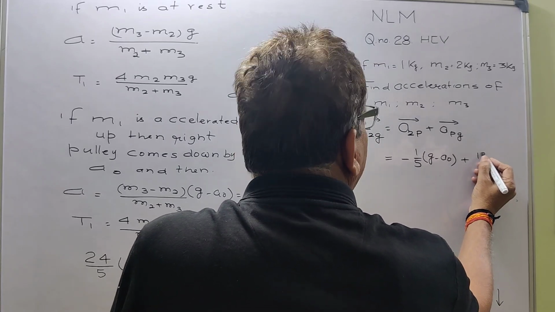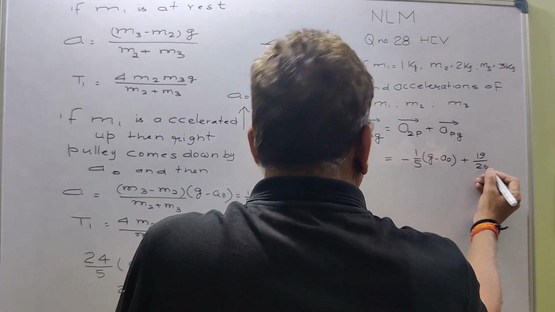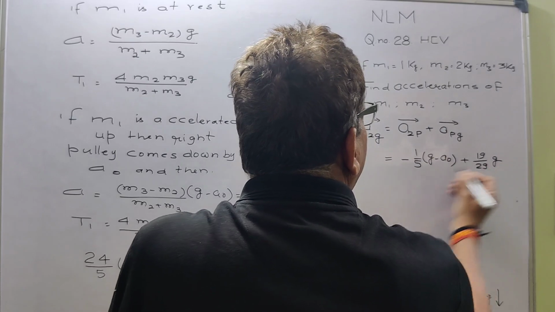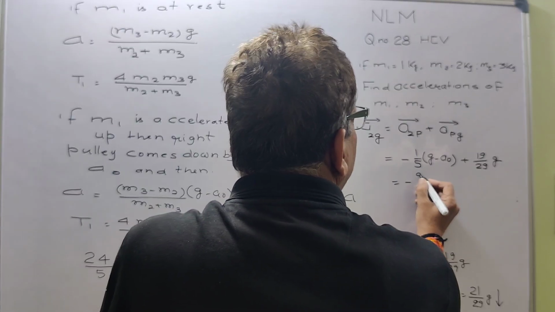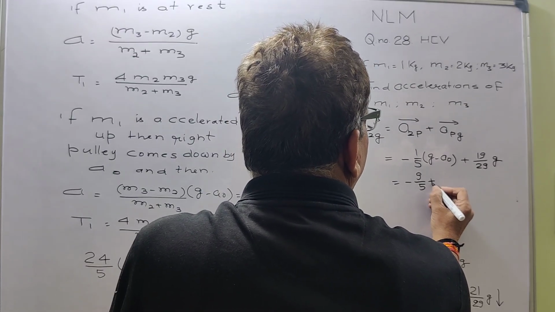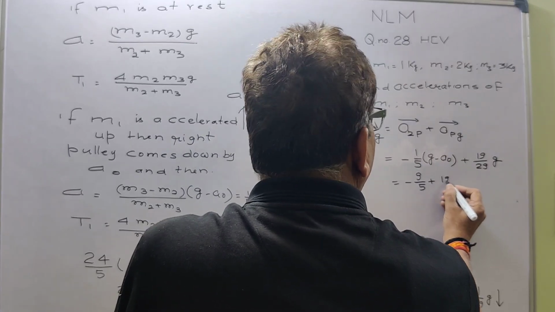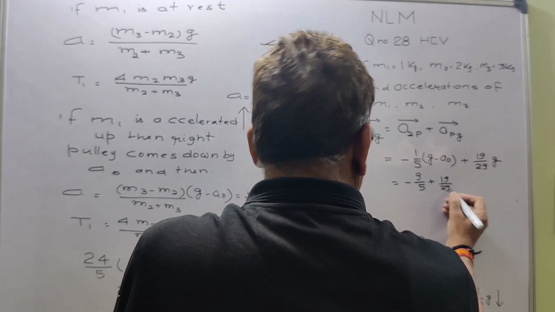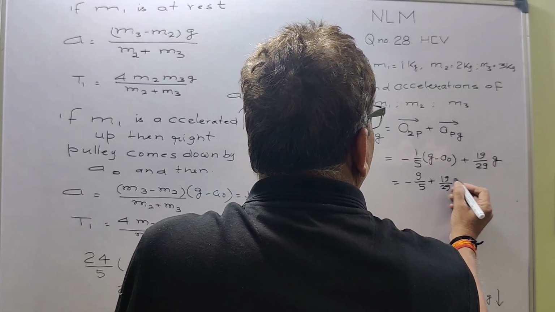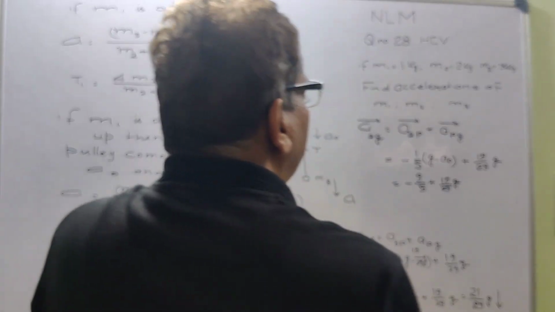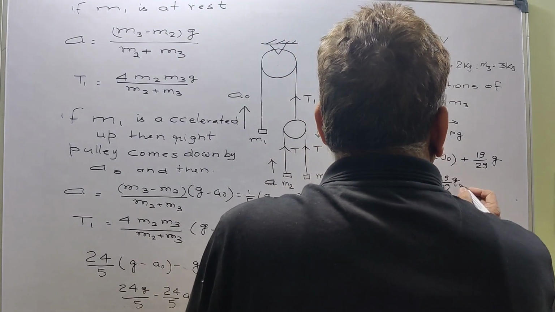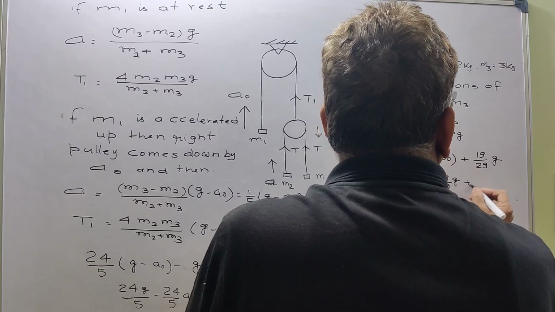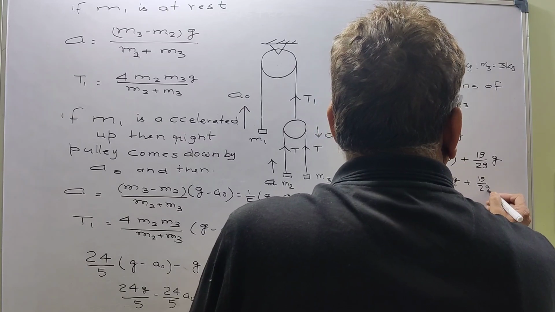A0 is nothing but 19 by 29 G. I can say minus G by 5 plus A0, that is 19 by 29 G, and then I can write 19 by 29 G.